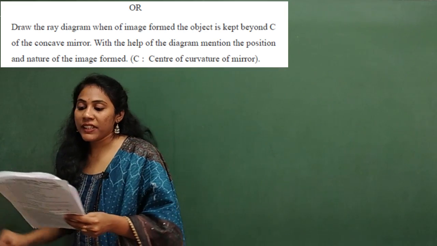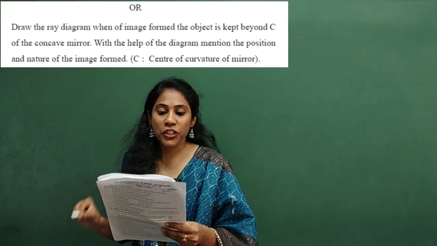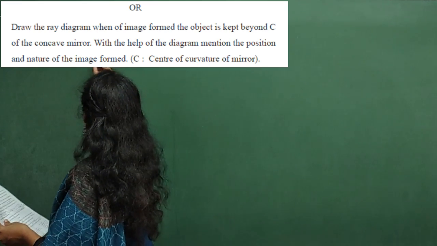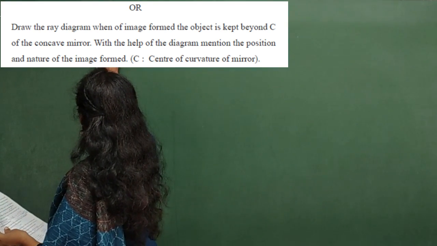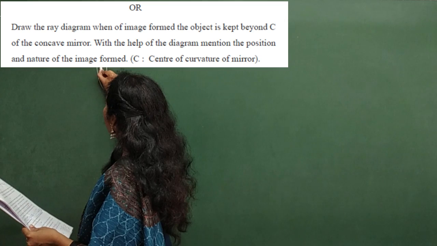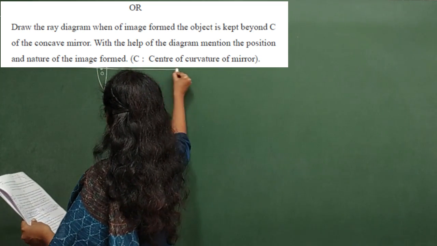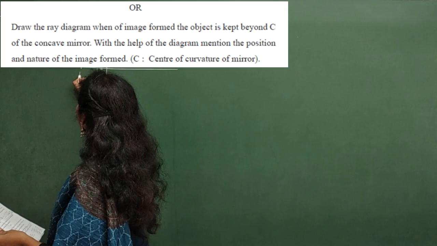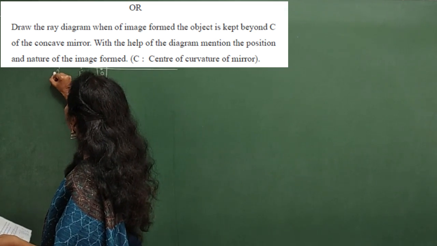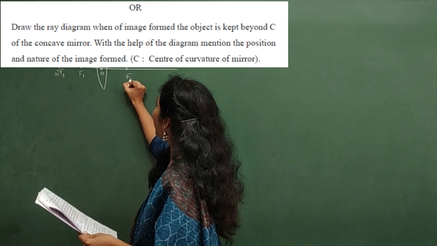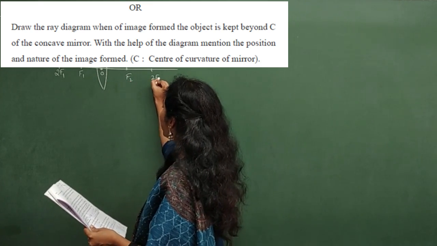Okay, with the help of the diagram, mention the position and nature of the image formed. Clear? So what is a convex lens? How do you draw a convex lens? This is our convex lens. So here this is optic center O and this is our principal axis, and here you have F1 and 2F1, right? And this is our F2 and 2F2, right?